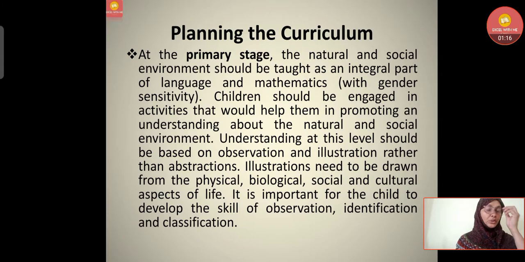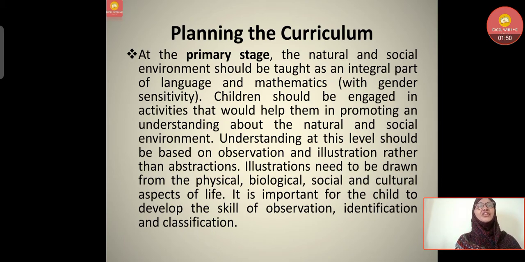Obviously, the curriculum should be helpful for the students in the future. They should understand the natural and social environment. Obviously, it should be taught as an integral part. They should understand the sensitivity of each and every subject, not concentrating on one subject. In the beginning, only maths and languages were taught to the students at the primary stage.